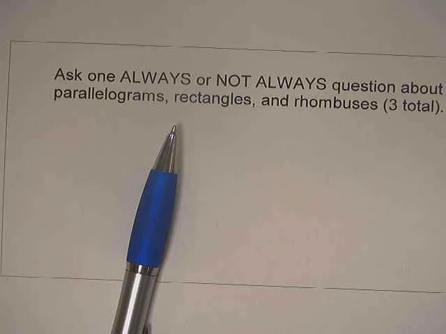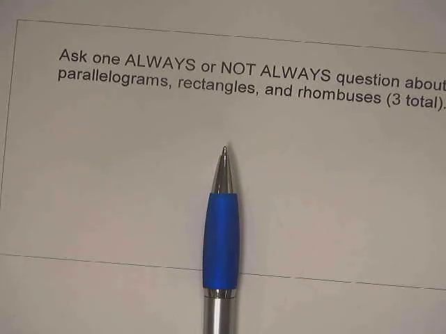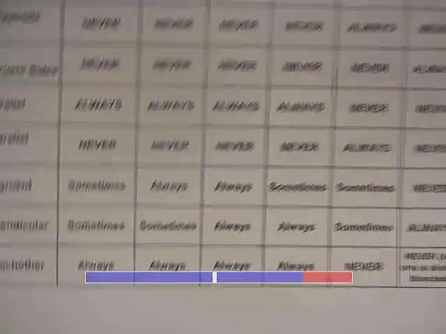And which statement is not always true for a parallelogram or not always true for a rhombus? For this type of problem, you must look at your sheet that has all of your properties on it. And I want to remind you about this sheet in case you've forgotten.